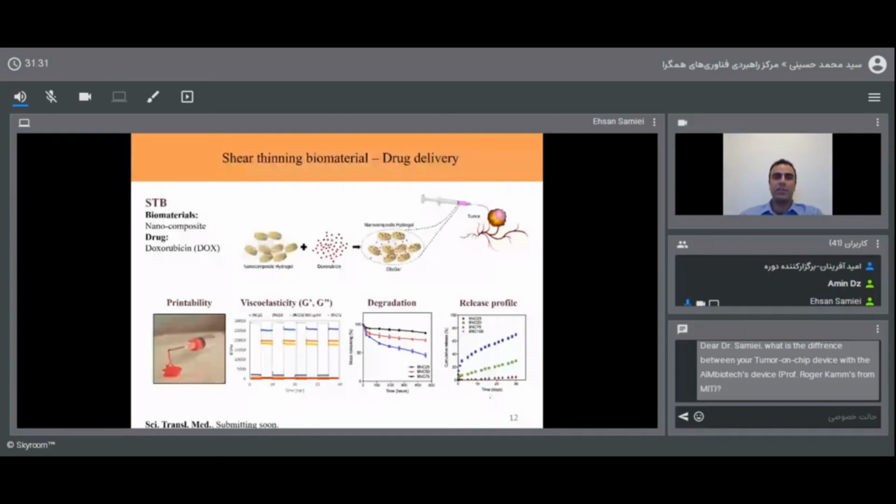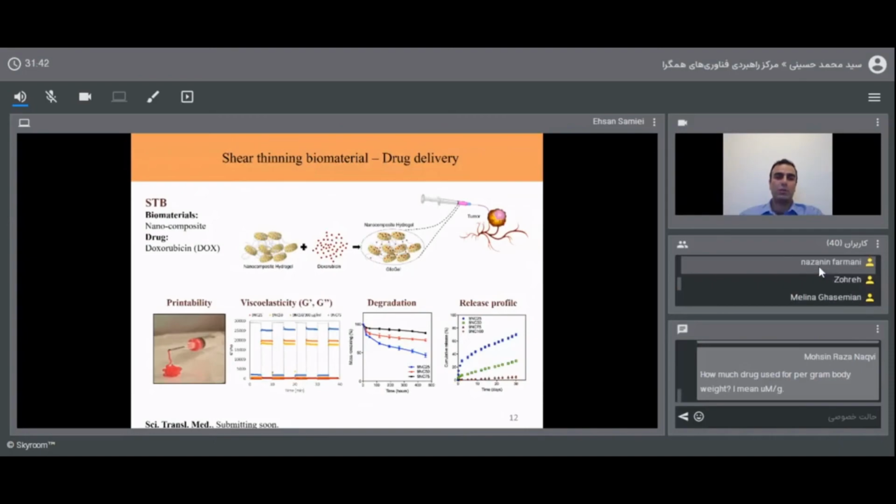In a different study, we developed a shear thinning biomaterial for drug delivery, where a nanocomposite hydrogel was used, and doxorubicin as the drug, which is used for treating different cancers, including breast cancer, was loaded in the hydrogel to form a drug-loaded composite. That could be used for intratumoral delivery or for embolization of the blood vessel feeding the tumor.